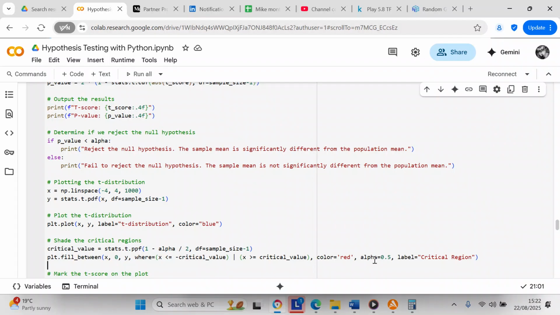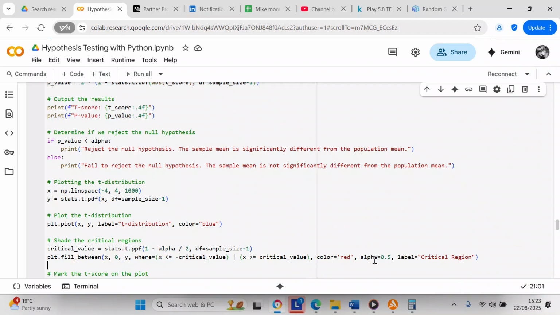Let me just think about this, because with the BEDMAS brackets, exponents, multiplication, division, addition, subtraction, we're just going to say 1 minus alpha divided by 2, because it looks to me like alpha divided by 2 is 0.025, and then 1 minus alpha divided by 2 is 0.975, because that's just using the PEMDAS order of operations.